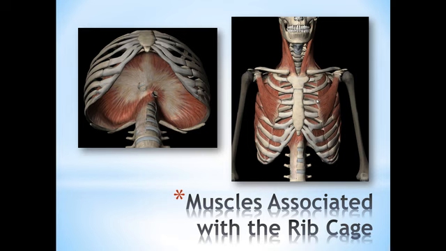Second, they contract rhythmically throughout life. Whereas my quad extends my knee only when I ask it to, the ventilatory muscles, because they're fatigue resistant, are going to contract rhythmically throughout life and allow us to maintain life.